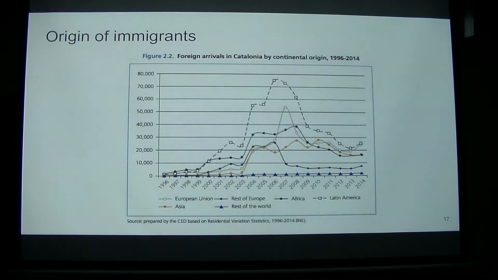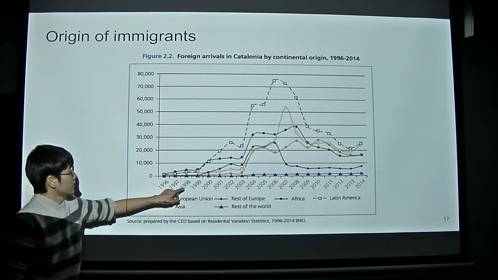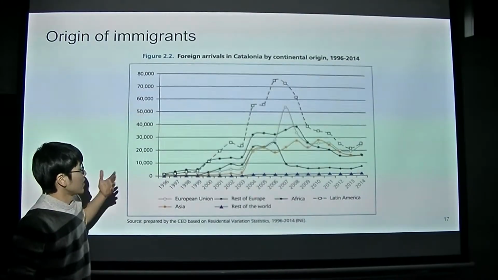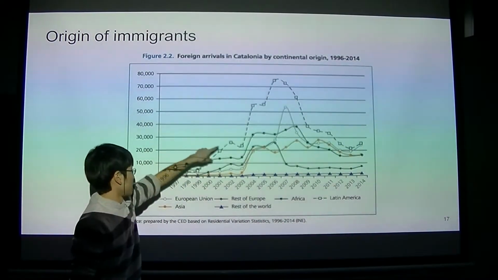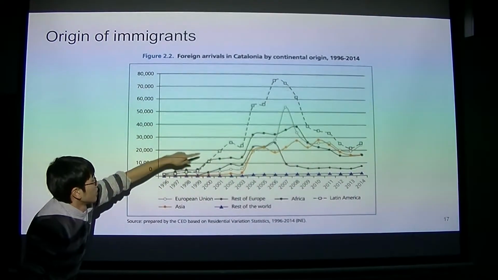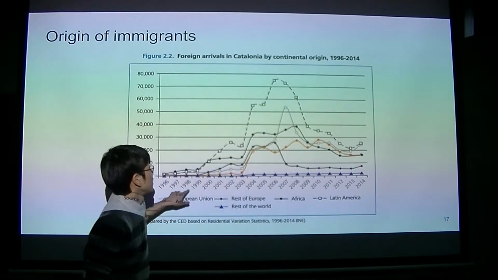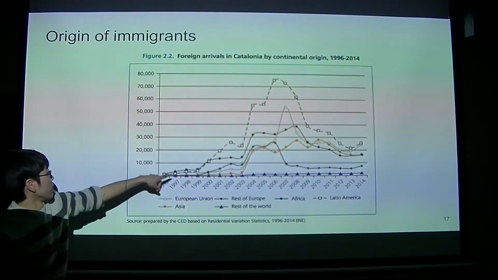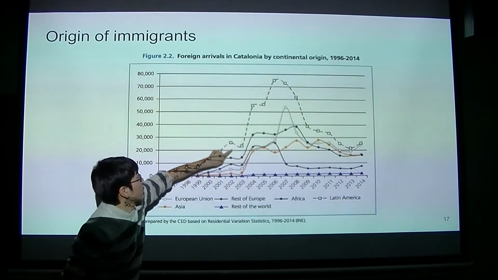And let's see the origin of immigrants. As mentioned, the growth increased after 2000. This is the European Union, and the European Union is white, but what is important is Latin America.